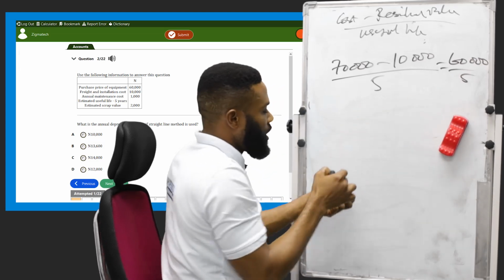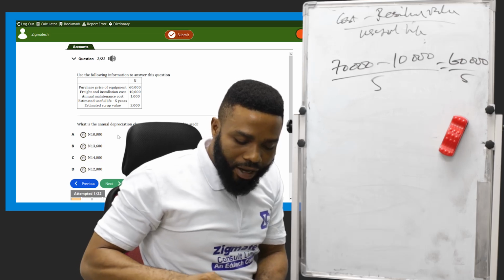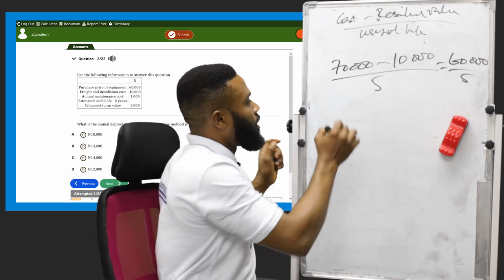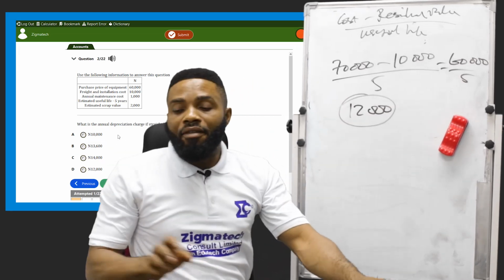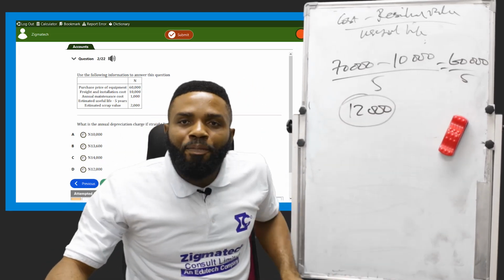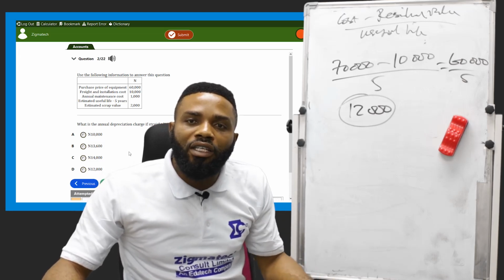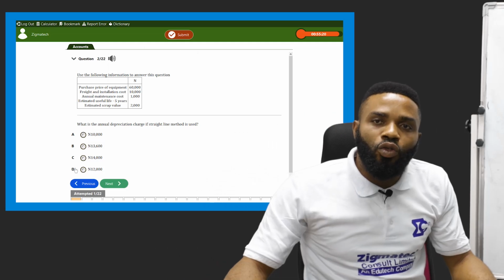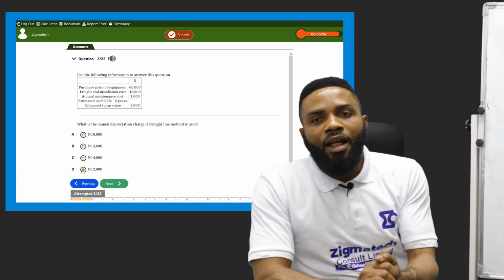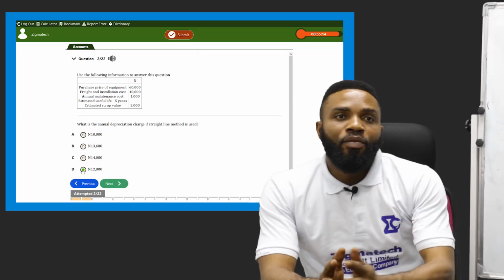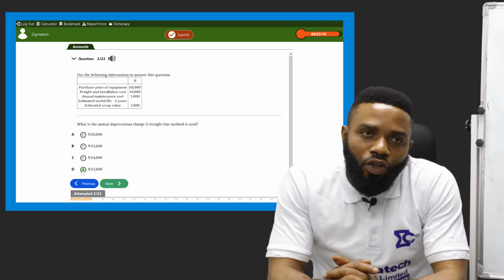So when you do 60,000 divided by 5, you are going to have 12,000. So 12,000 naira is the annual depreciation charge if straight line method is used. The annual depreciation charge is 12,000, which is D.